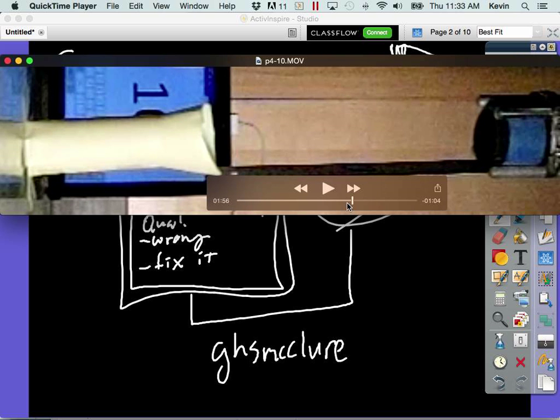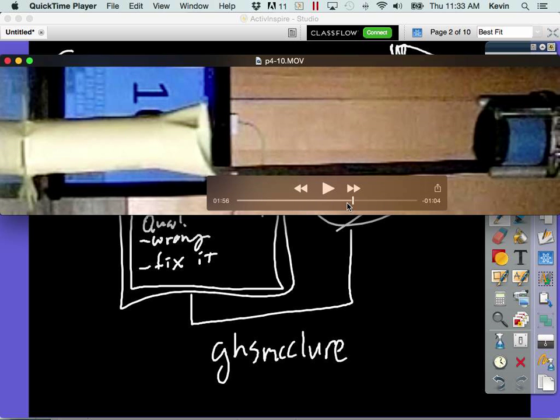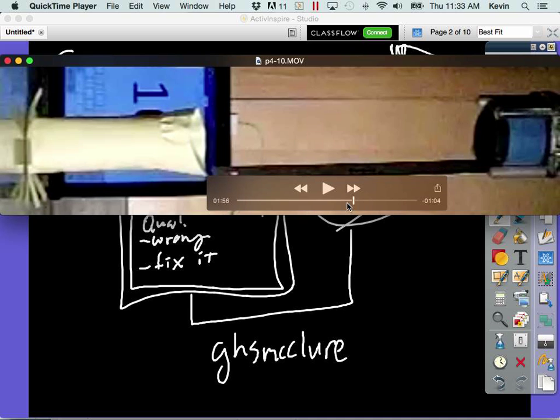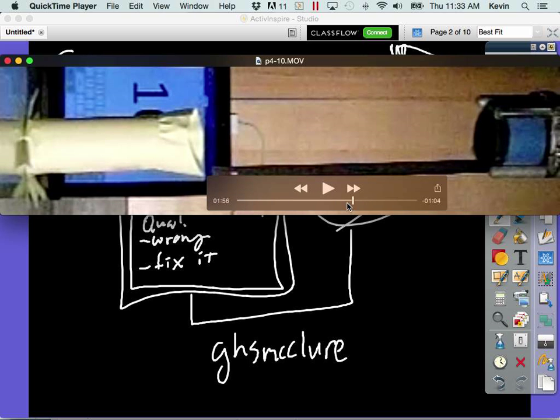So then, when did the egg stop? If the catcher's moving upwards, the egg must have stopped already. Does that make sense? Because the catcher can't move up if the egg's still moving down. So if I go back, then, boom, I'm thinking right about there.